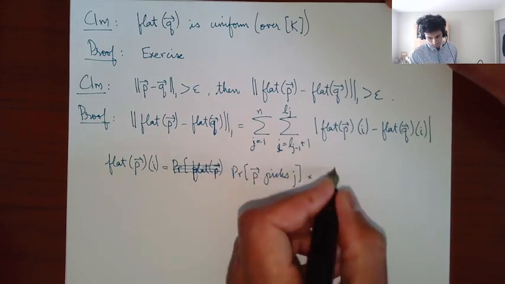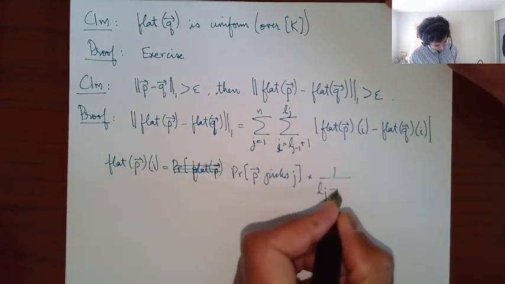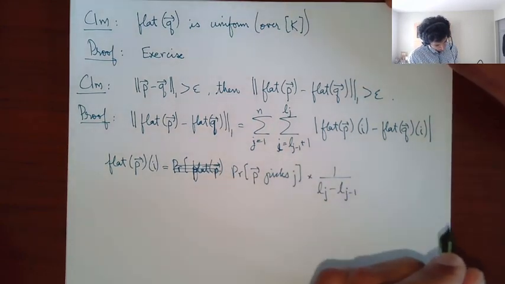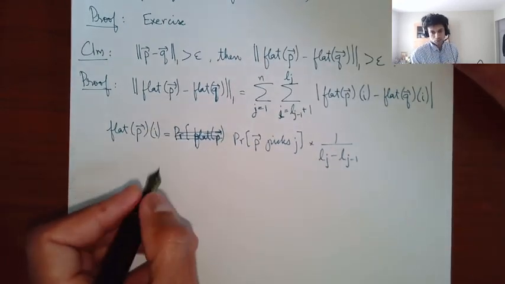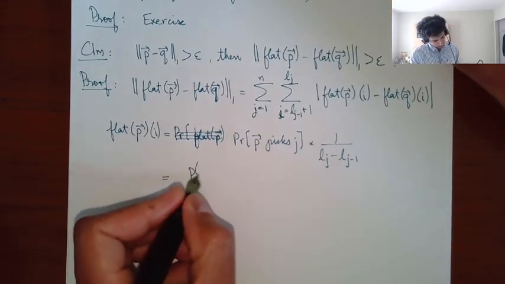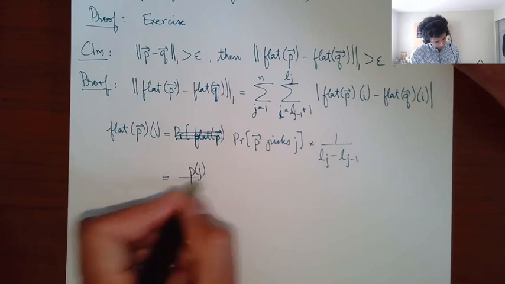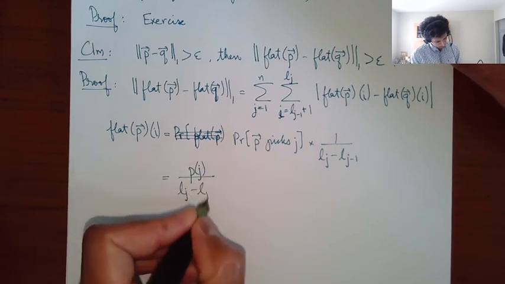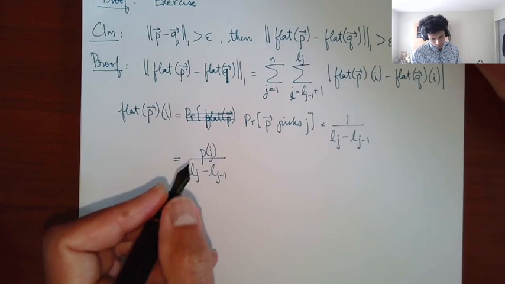Then within the bucket, it's uniform, and so you get this distribution here, and this is exactly P of j divided by L_j minus L_{j-1}.